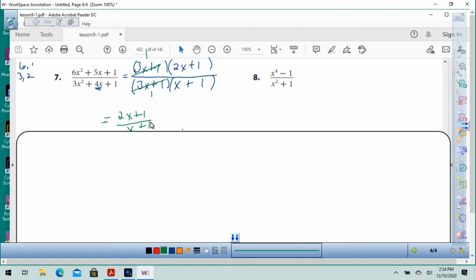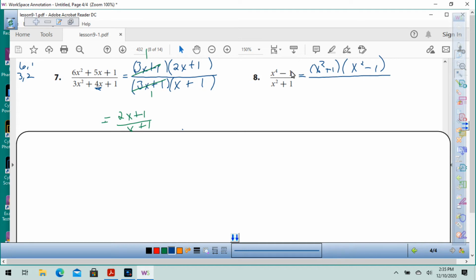Number 8. So let's take a look at number 8. What do we got here? I see this, and I'm seeing the difference of squares. So I'm going to have x squared plus 1 times x squared minus 1.